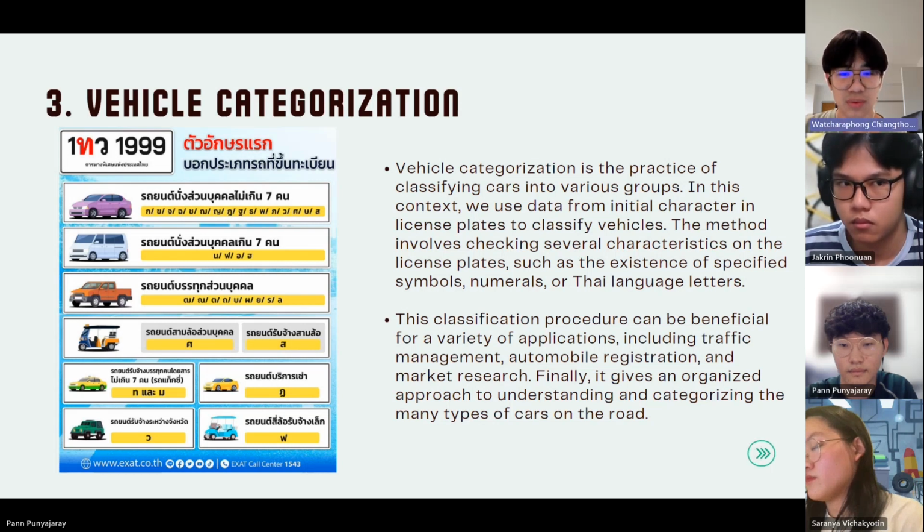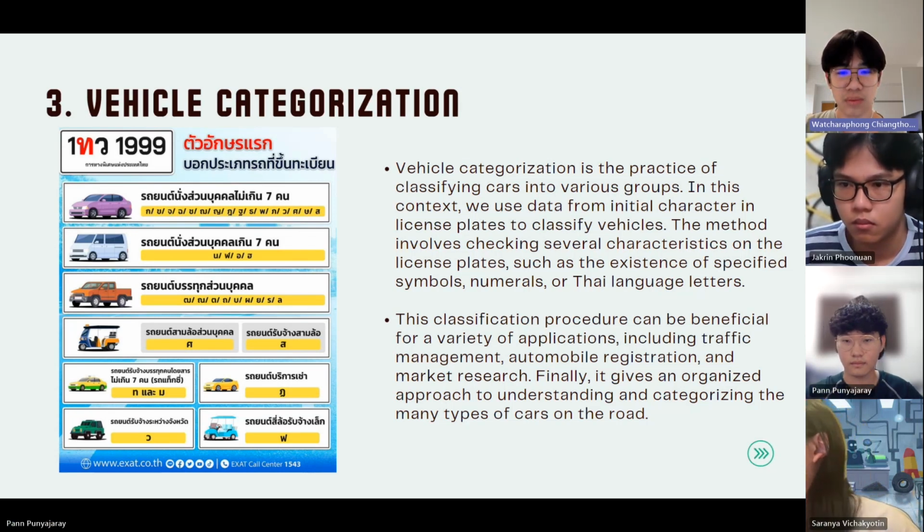This classification procedure can be beneficial for a variety of applications, including traffic management, automobile registration, and market research. Finally, it gives an organized approach to understanding and categorizing the many types of cars on the road.